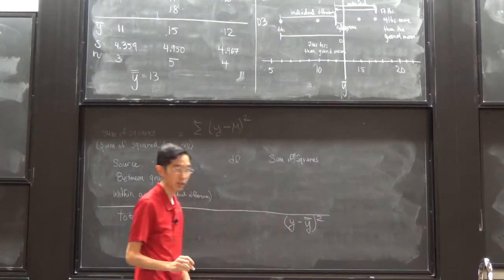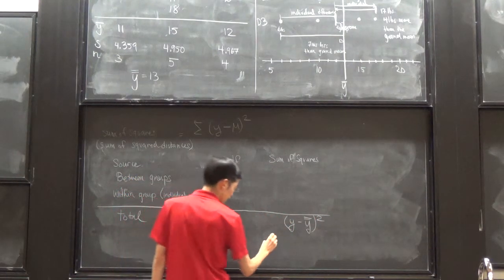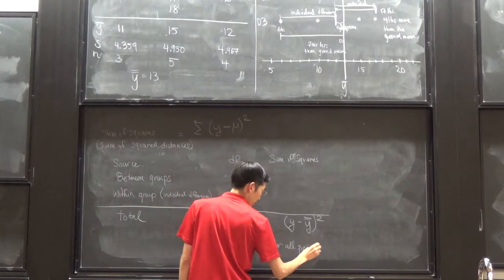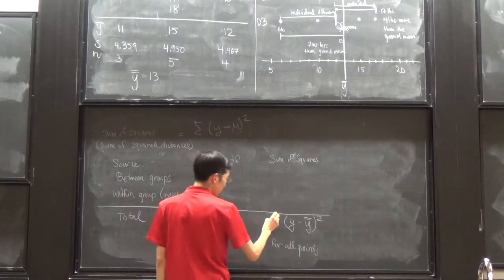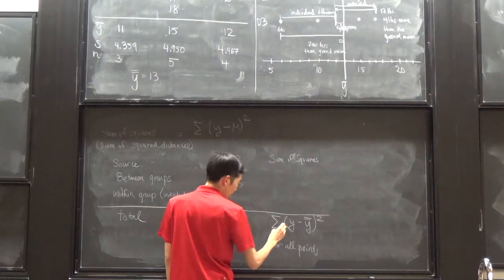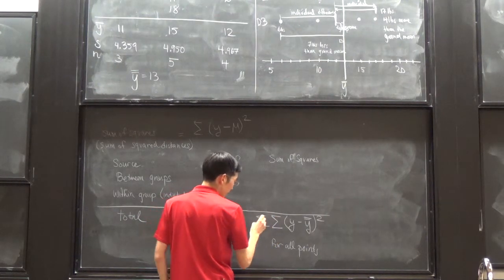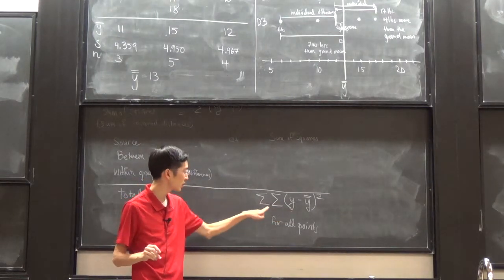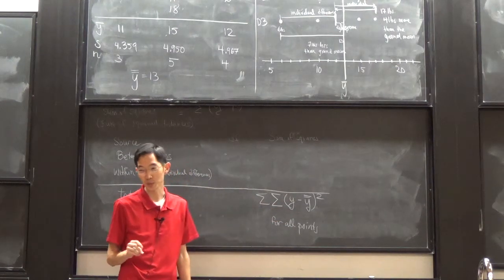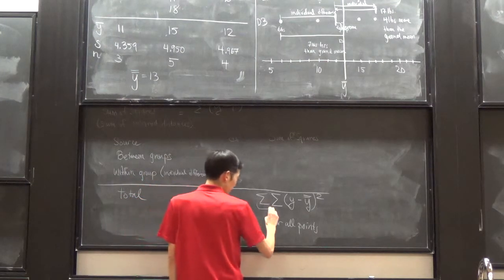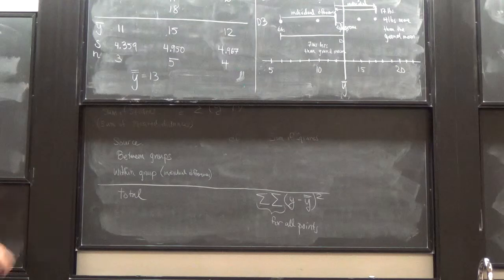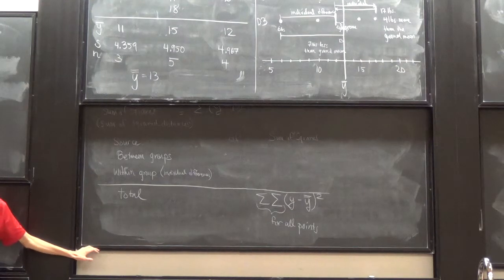And we did that for all points. To indicate that, I use a double sum: the sum is for all points within a group and for all groups. In effect, the double sum means for all points.